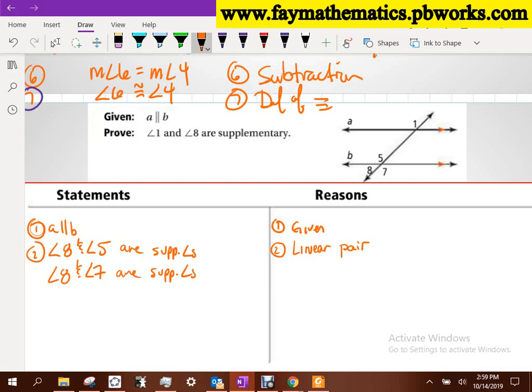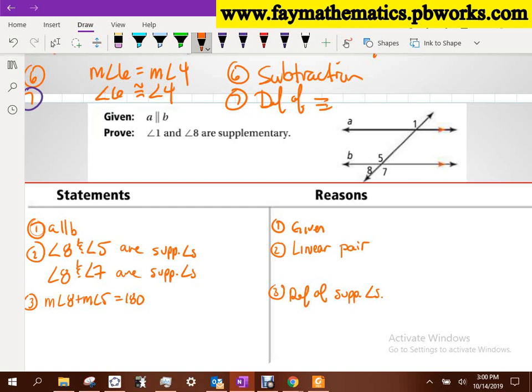Now, this might be something that is useful to us. We've seen in the past where we have two statements that say angles are supplementary, and then we go through a process. If 8 and 5 are supplementary, what can you tell me? They add to 180. So the measure of angle 8 plus the measure of angle 5 equals 180, and that's your definition of supplementary angles.